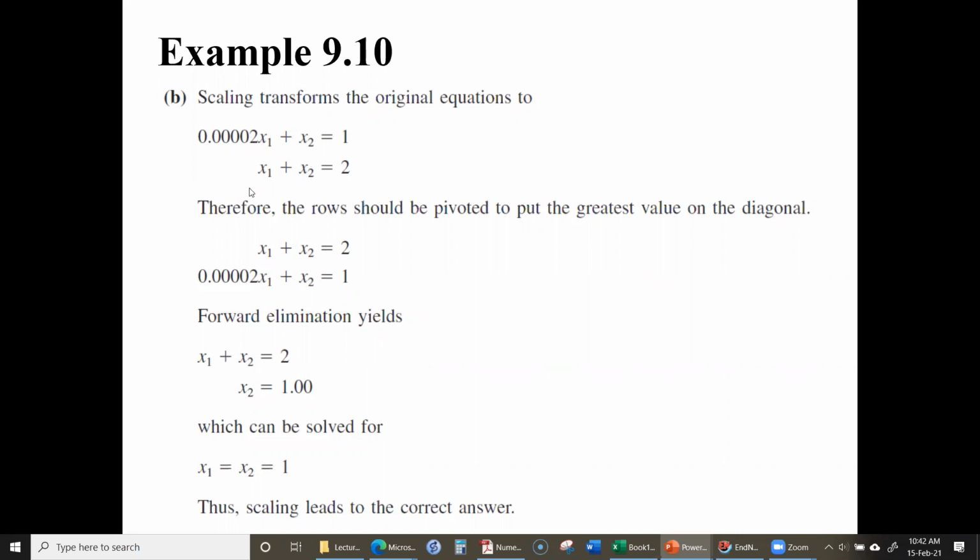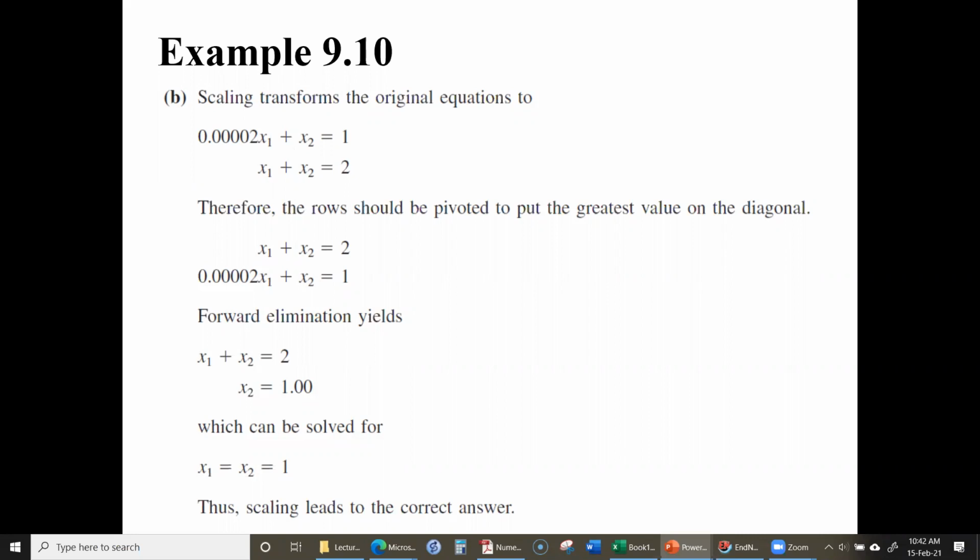From this equation now we can eliminate one of x1 and x2, and we can get the approximate answers of 1 and 1, which is a good enough result in this case, because this answer is not much different from the exact result.